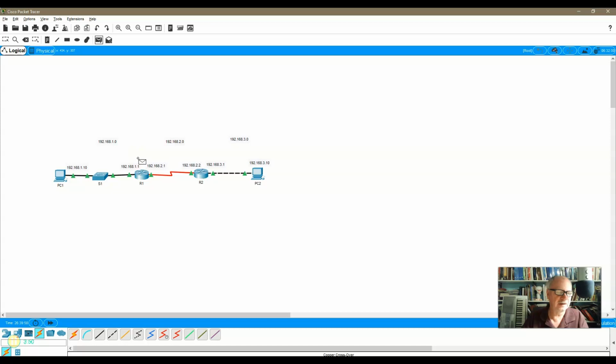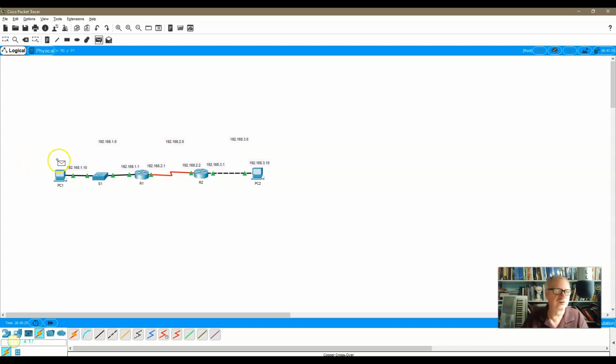Right now, the packet says, I want to send this to 192.168.3.10. And this router got a hold of that and said, 3.10? I don't know where 3.10 is. I can't see a 3.10. Well, of course it can't. All it knows about is 1 and 2. So it can't see the 3 network. So it rejected the packet and it didn't go anywhere.